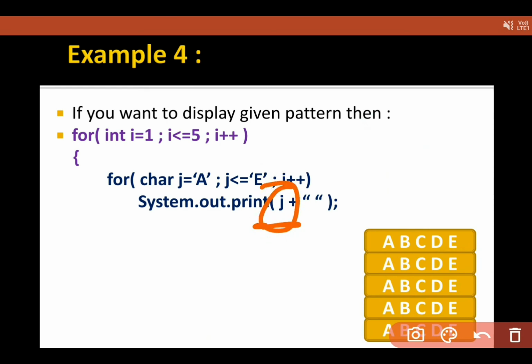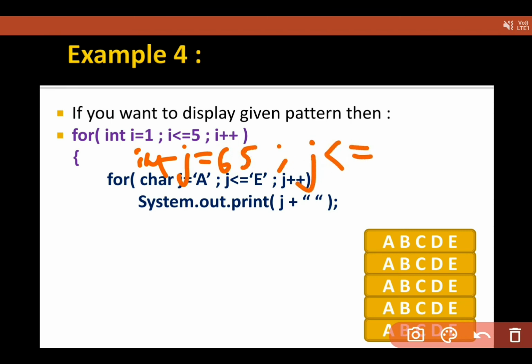And what will be displayed? That is the character in front of us. In this way we can do it, or one more thing we can do, we can write here int j equals 65, j smaller than or equal to 69, and j plus plus.